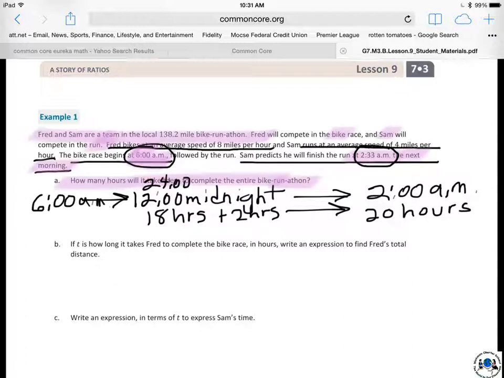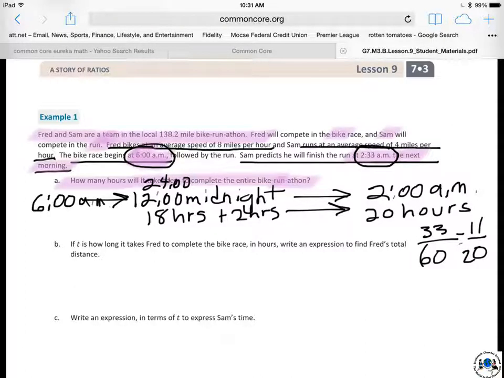Okay, so what's 33 minutes as a fraction? Okay, but I'm not sure why they don't just put 20 hours and 33 minutes, but if we're going to turn this into a decimal or fraction, it's going to be 33 over 60, which is equal to 11 over 20.